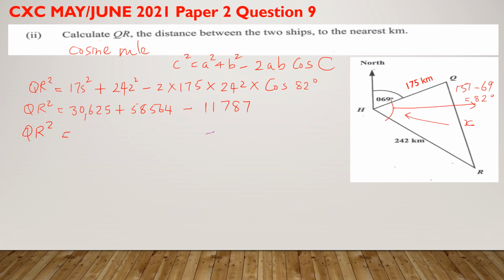So QR squared is equal to 30,625 plus 58,564. That is 89,189. Subtract 11,787. So QR squared is equal to that, subtract, 77,402. So we want to square root both sides.